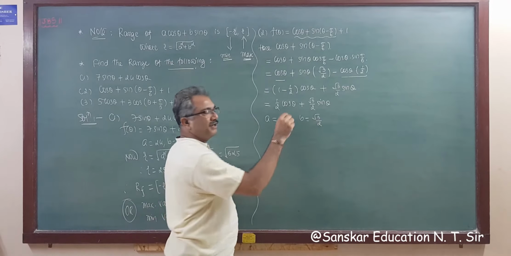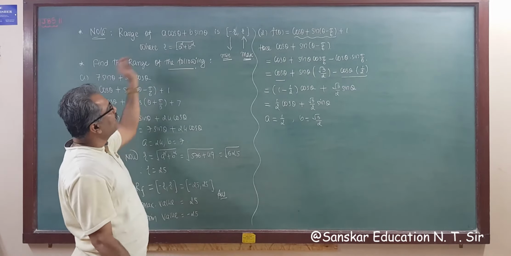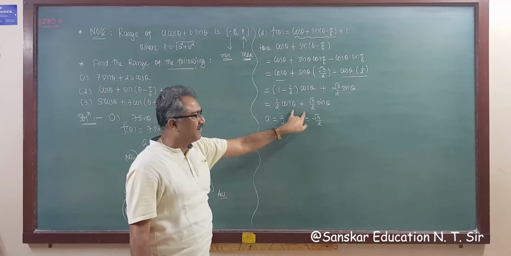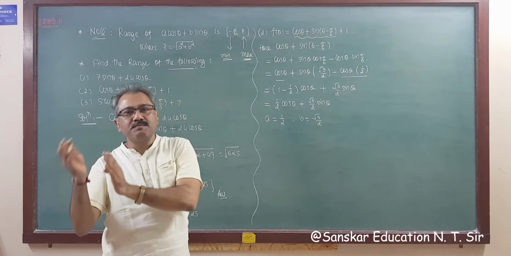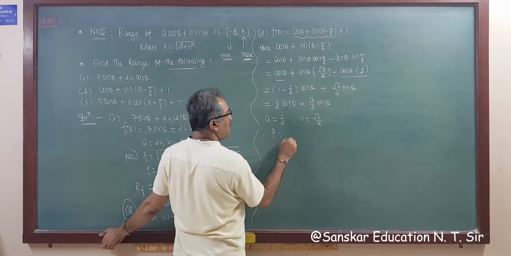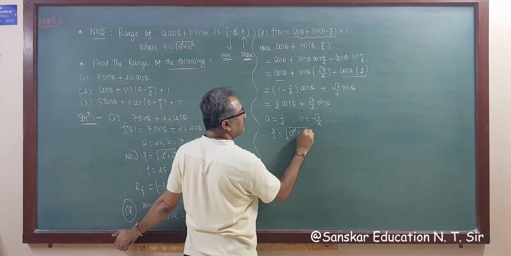So our mission target is to find out the value of r, and what is r? It is under root a square plus b square, and the range of this function is the closed interval minus r to plus r, right? So now r is equal to under root a square plus b square.